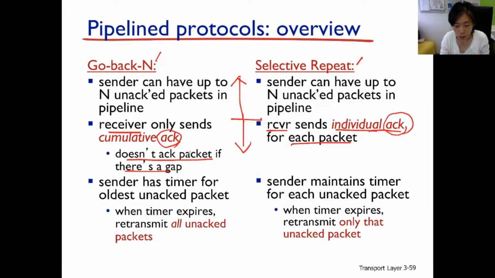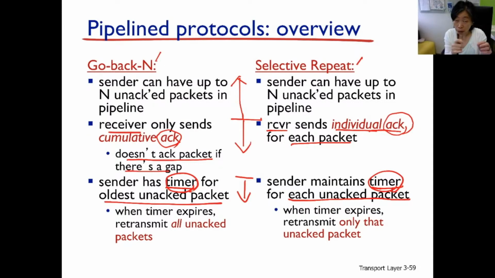And the two categories also work very differently with timers. If you recall in RDT 3.0, we need a timer in order to tell whether a packet is dropped or not. Yes, go back N and selective repeat both implement a timer. But in selective repeat, there's one timer for each packet that is still in flight, not yet acknowledged. So one timer, one packet. But for go back N, there's only one timer for the oldest unacked packet.